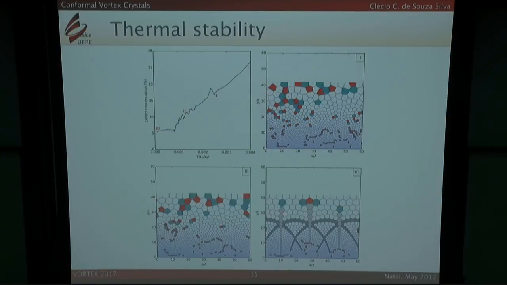What we observe is that for low temperatures, at this plateau here, we have this conformal crystal, but above a certain critical temperature, these defect lines start to nucleate throughout the material, and they proliferate, and you have a kind of conformal polycrystal. So you have small conformal crystals throughout the sample. And the melting transition is at a much higher temperature.